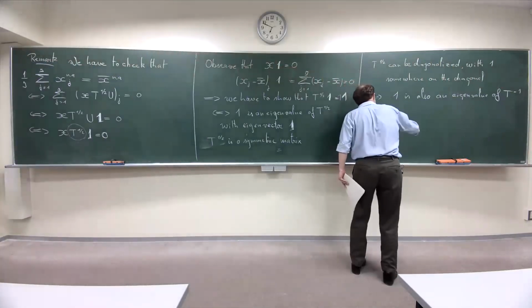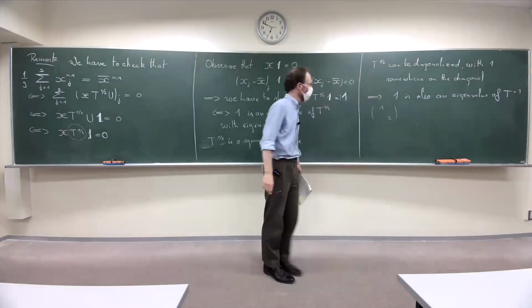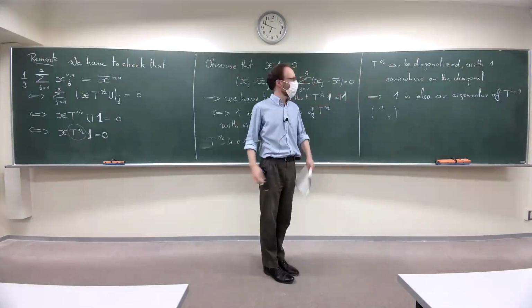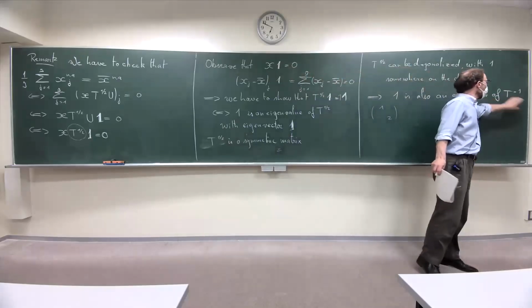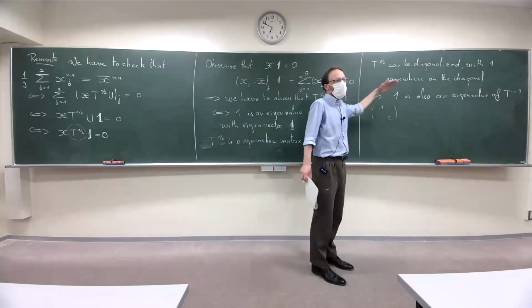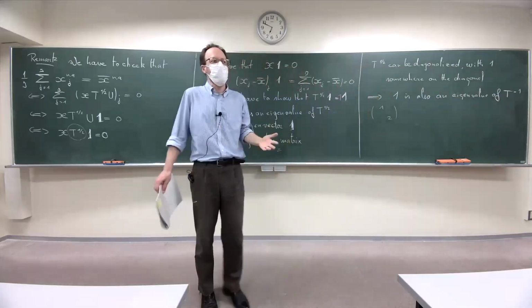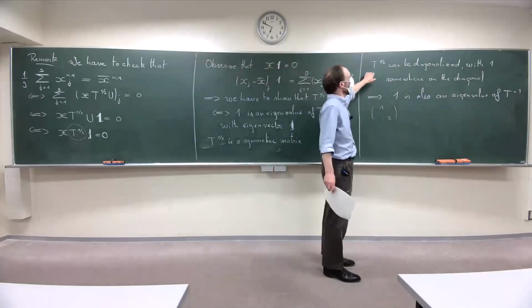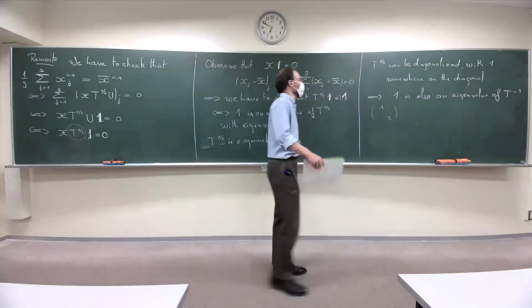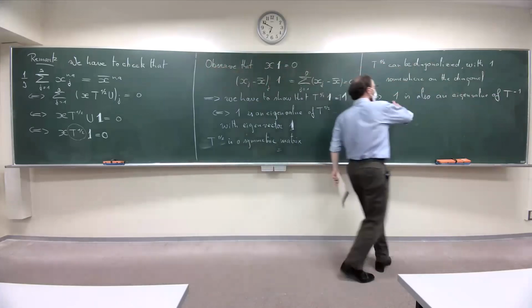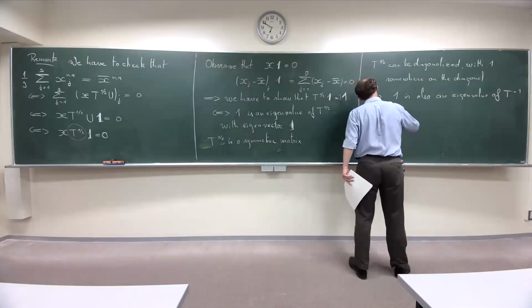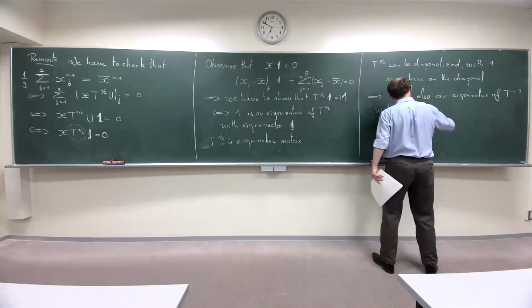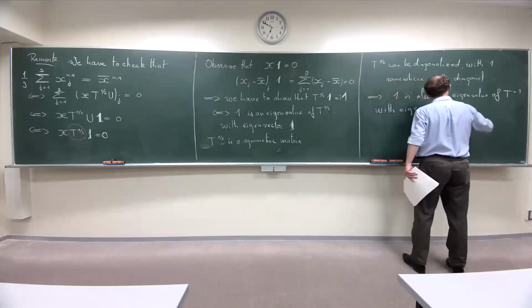Let's take this matrix just for a second. When you take the square of this matrix, the two eigenvalues are going to be 1 and 4. The good point is 1 stays the same. So when you take T^{-1} instead of T^{1/2}, 1 is still an eigenvalue, because I'm taking a square and then a power -1, which keeps 1 in the same place. So 1 is still an eigenvalue of T^{-1}, and you keep the same eigenvector 1.